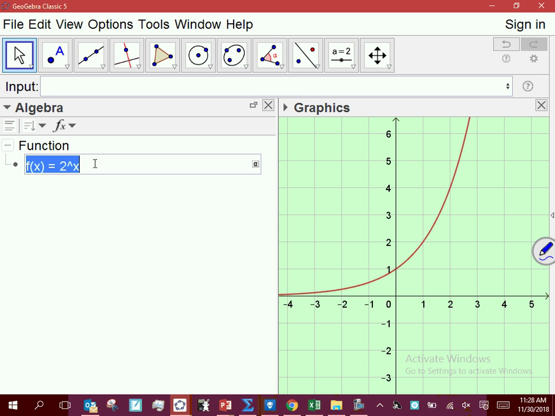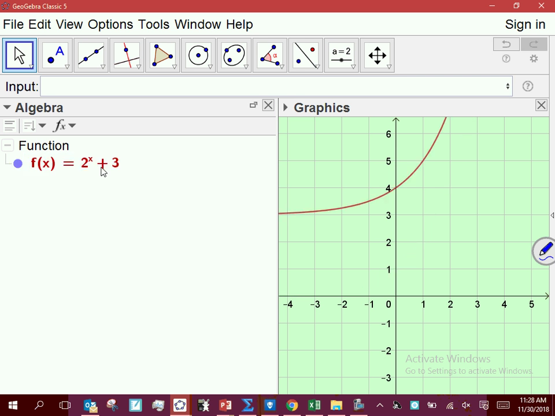What if I take and add 3 to the end of this thing? What did it do? Moved it up 3, okay? So adding or subtracting to the end of the function is like always, moves it up or down, right? The one thing that people struggle with is seeing what happens. How do I get it to move left or right? I add to the x, right?